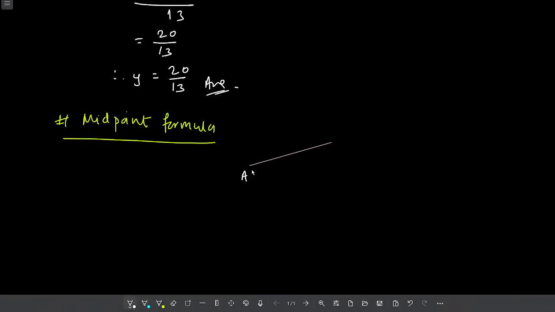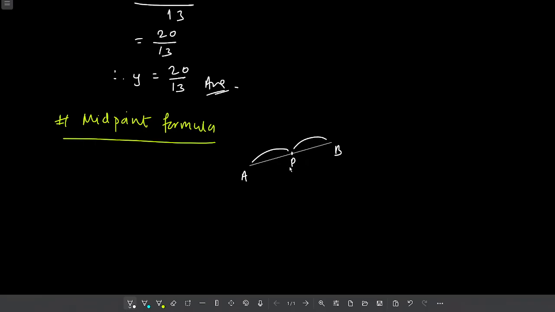Okay, if this is a straight line and it is taken as a comma b, then any point p that lies at the middle of these 2 points, or which can bisect this line. This is line AB, P is any point. Now if it divides this line into two equal halves, then that point is called the midpoint. Means this part and this part must be equal.